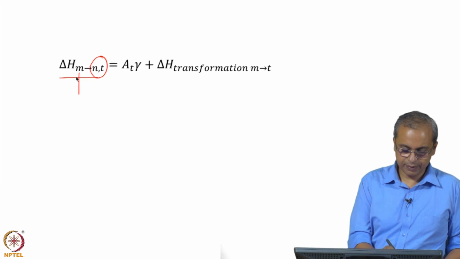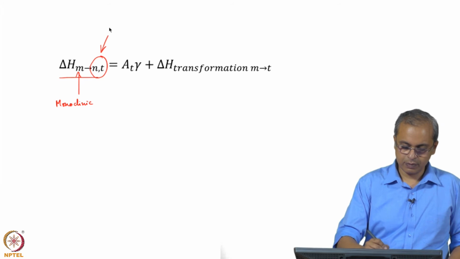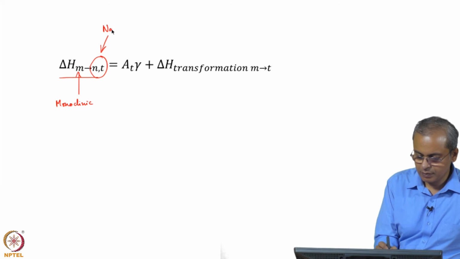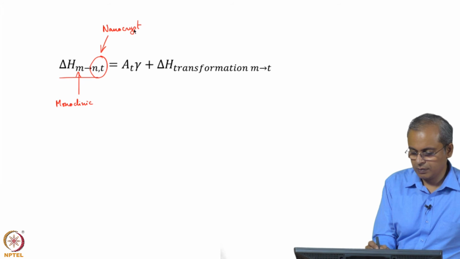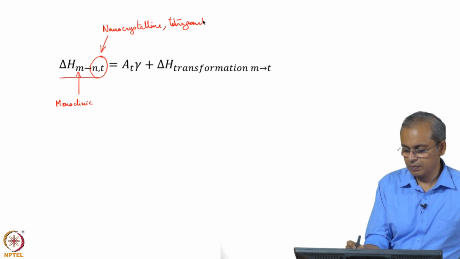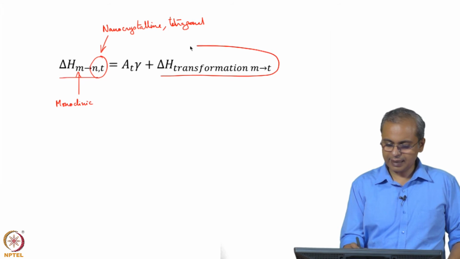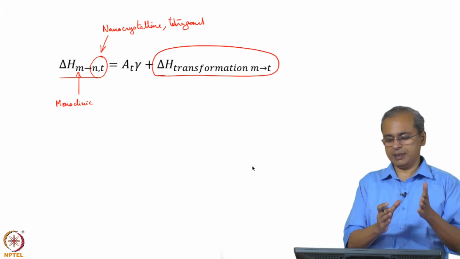Normally this term is what we would get when you do this transformation from monoclinic to tetragonal.